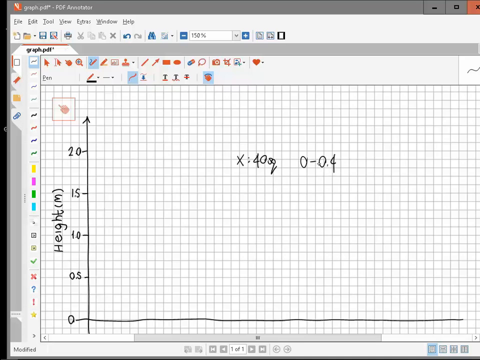I've rounded that up, and we can come up with a nice convenient scale here, because 0.4 goes into 40 very simply, which is equal to 0.01. So each square is going to represent 0.01.